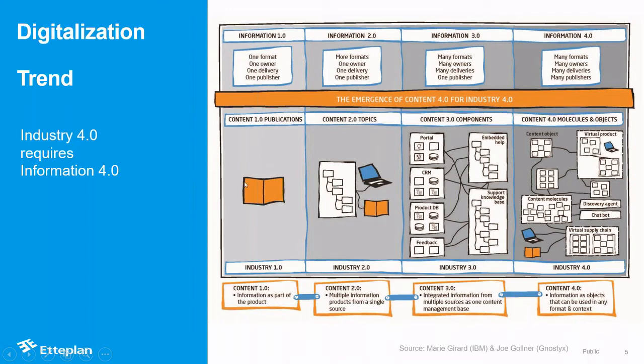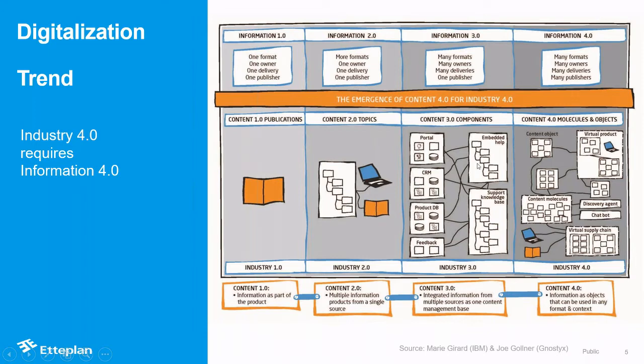So the first level, if we talk about technical documentation, is creating a book. This is done by one department and is for one owner, one format, one publisher. In industry 2.0, we will do this in a more efficient way, modular, reusable, and being able to publish to more than one format. So there are more formats, but still one owner, one delivery, one publisher.